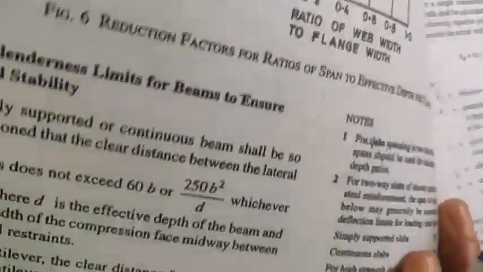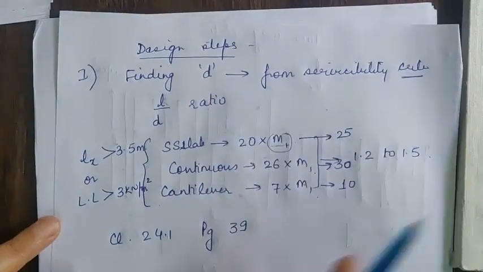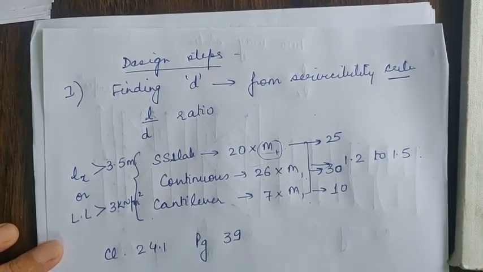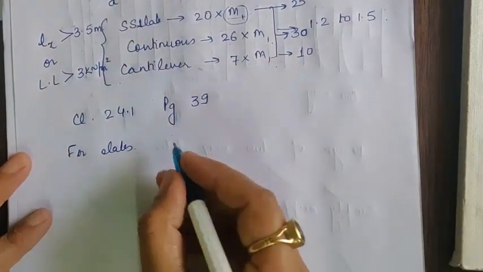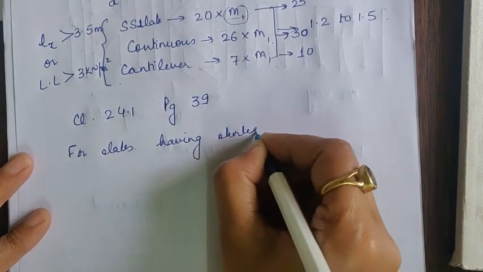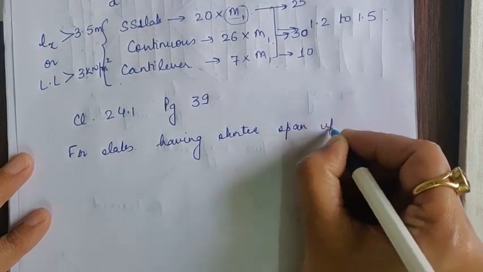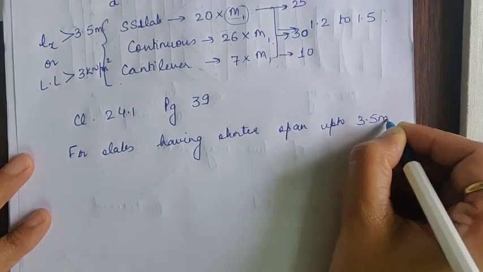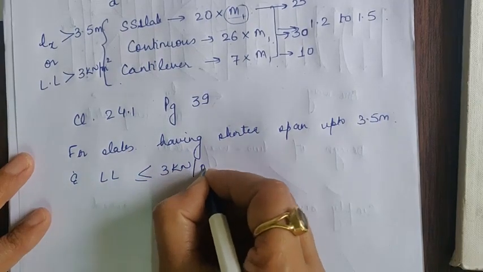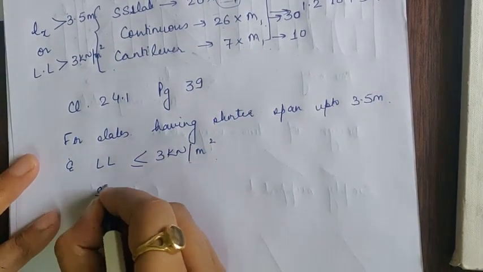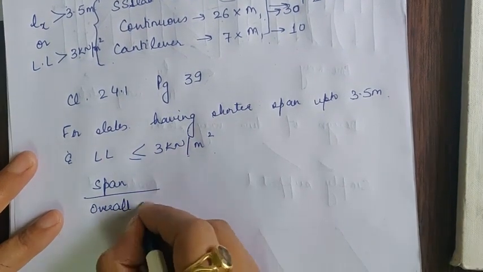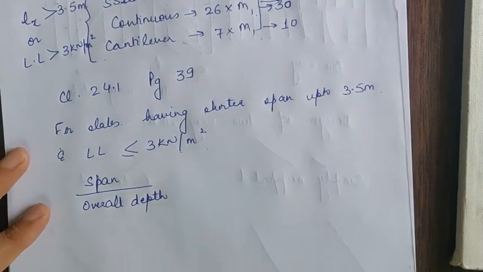What does it mean? I am defining it. It says for slabs having shorter span up to 3.5 meters and live load less than or equal to 3 kilonewton per meter square, then we will take span by overall depth. Mind it please, it is not the effective depth. Over here it is talking about overall depth.